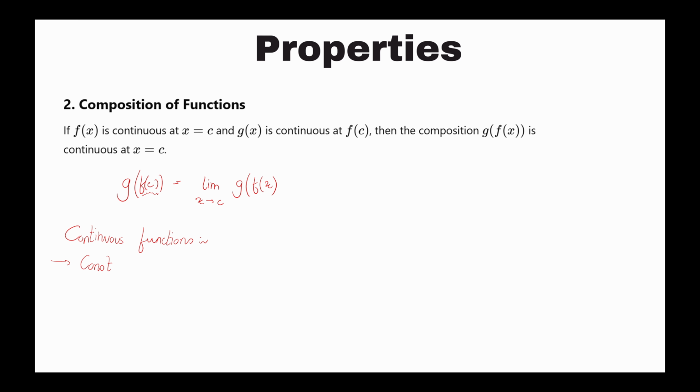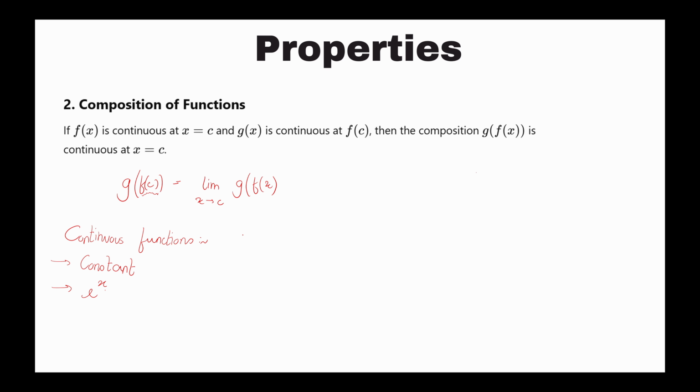Of course, it is a continuous function. So whenever you have a constant function, it is a continuous function. e to the power x, again the graph is going to be simply an exponentially increasing graph, so you can say it is going to be continuous.